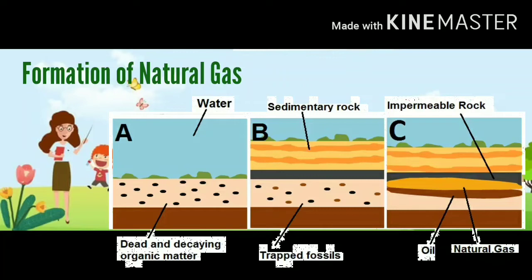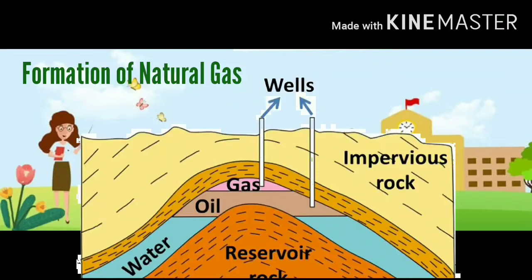And gradually the organic matter in their bodies gets converted into petroleum. And above the petroleum layer, the natural gas is found. So you can see in the picture, children, the layer of gas above the oil.